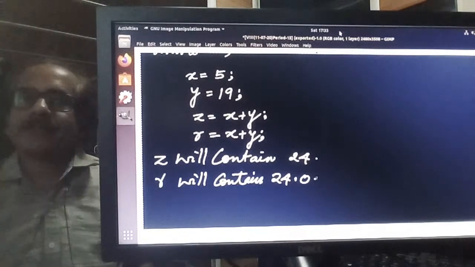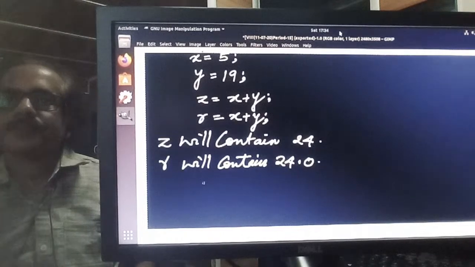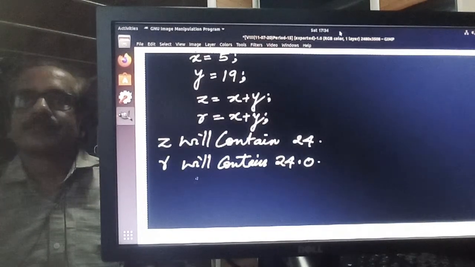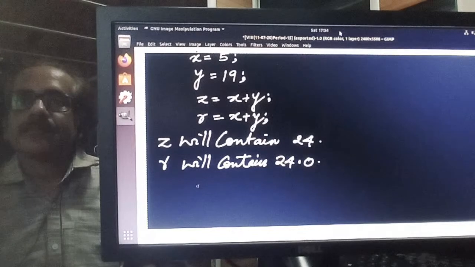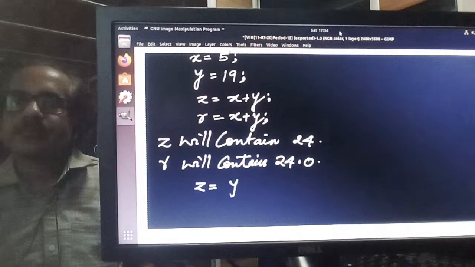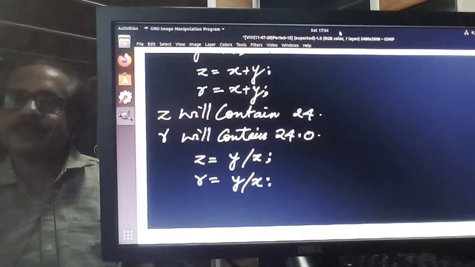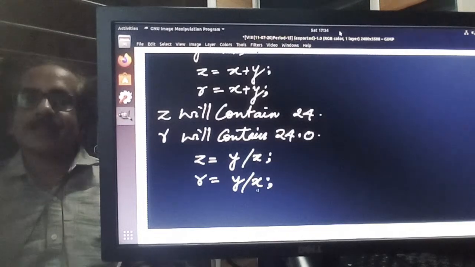If you write z equal to y upon x and r equal to y upon x, then it will be more fun to see.